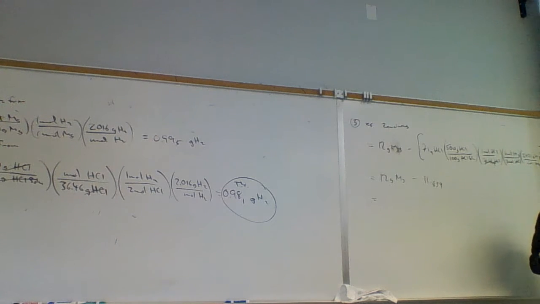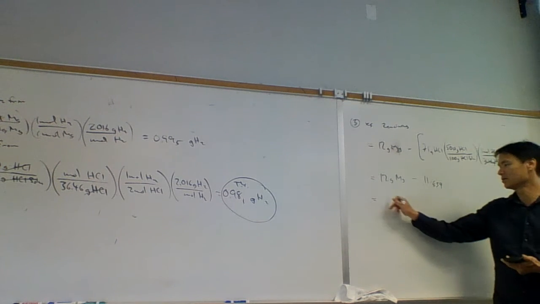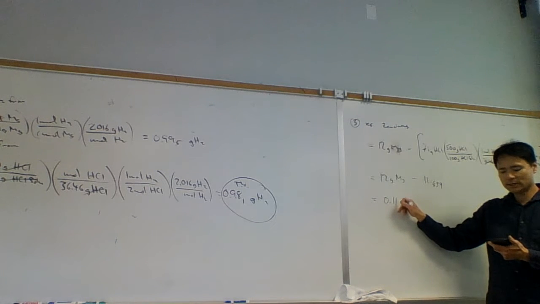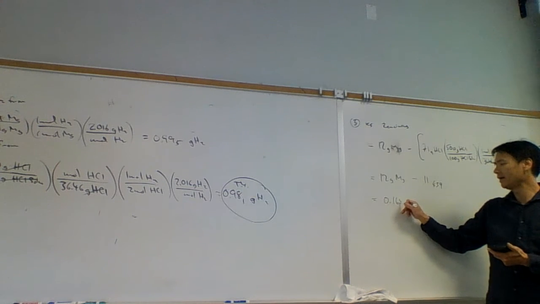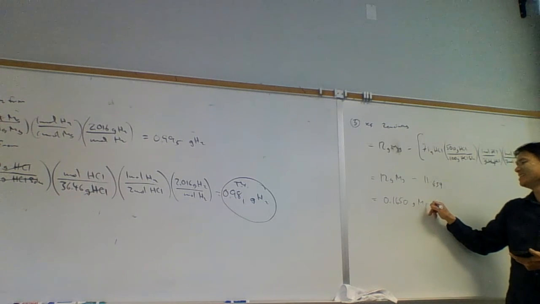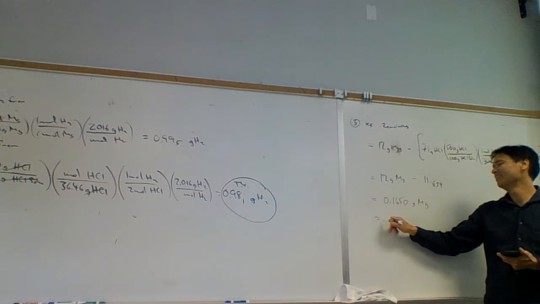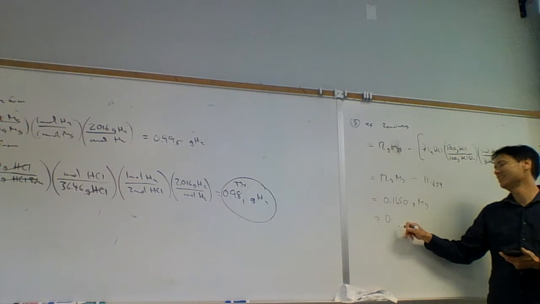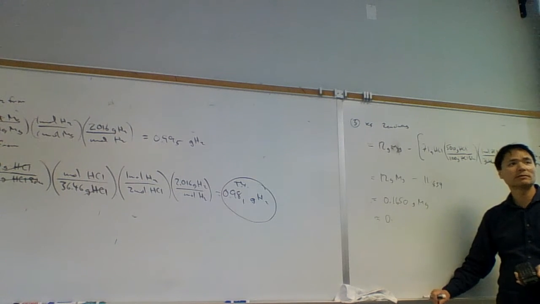So minus 12. In fact, I'm going to carry all the extra digits in my calculator. 0.1650 grams of magnesium.